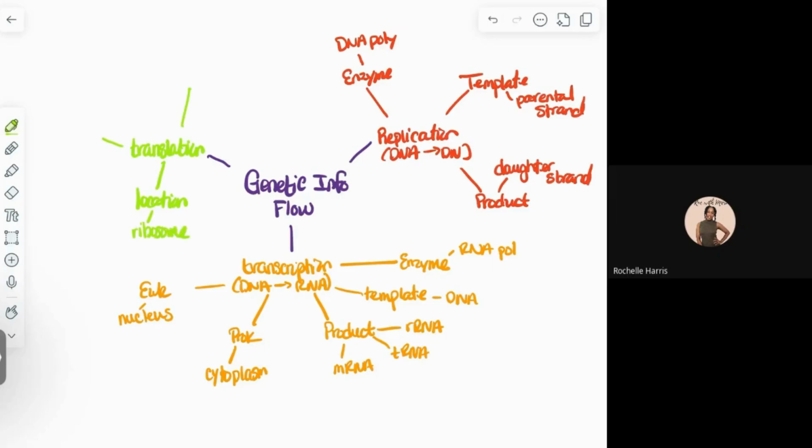What are the major players in this process? Messenger RNA, tRNA, and rRNA.